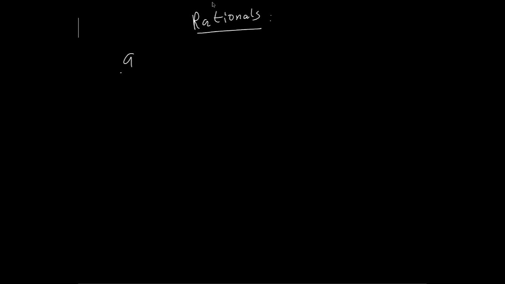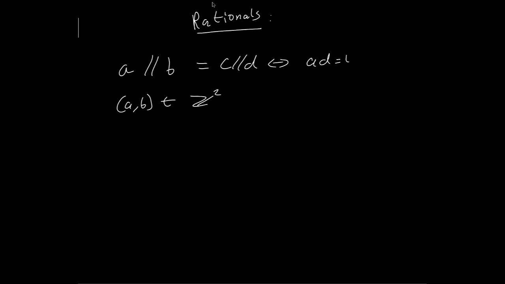So rationals are defined as, again, we can't use our notion of division yet. So we're going to use equivalence classes. Basically rationals consist of ordered pairs (a, b) in Z squared, where both of these are integers. So (a, b) equals (c, d) if and only if a times d equals b times c.